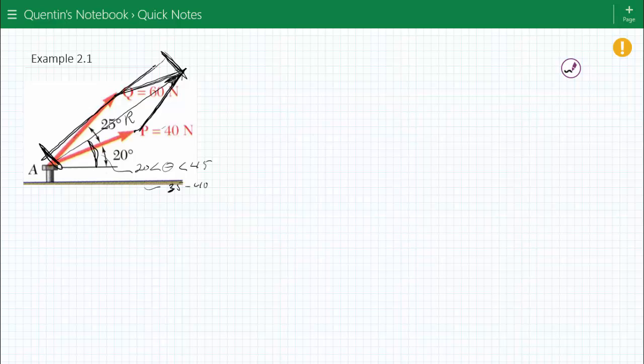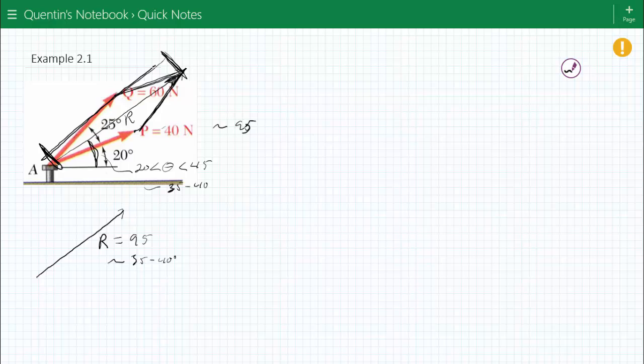This magnitude? Well, if they're in a straight line, it'd be 60 plus 40, which would be 100. So it's a little bit less than 100. So say around 95. So we're going to say that our resultant R is around 95 and at an angle of around, say, 35 to 40 degrees.